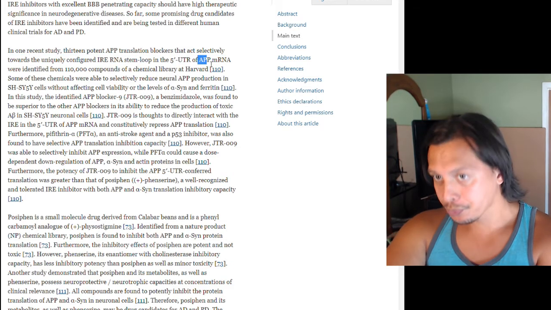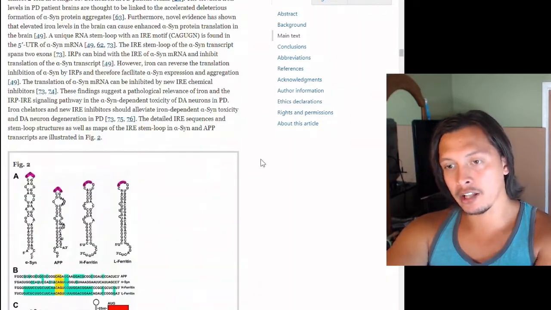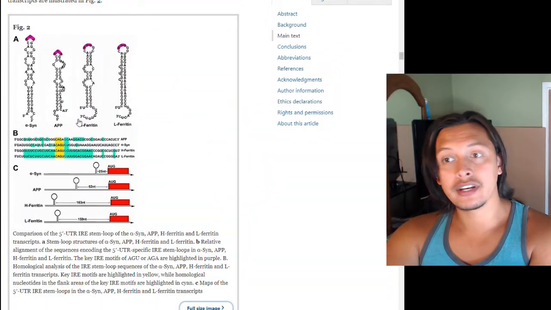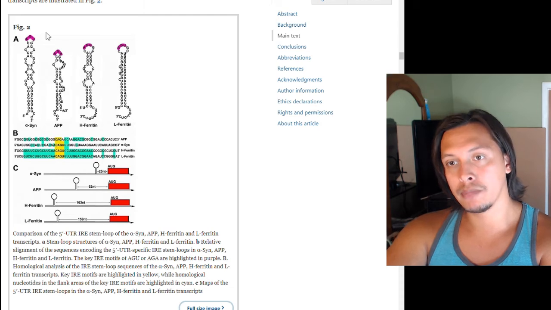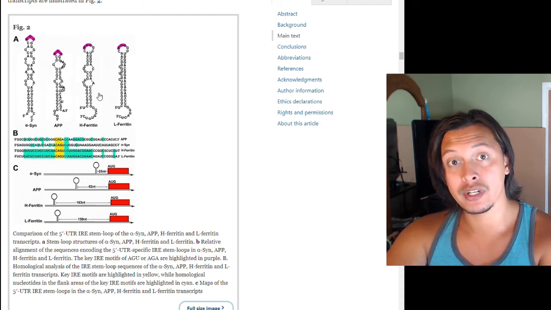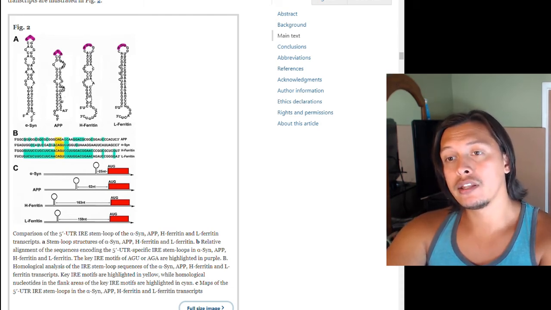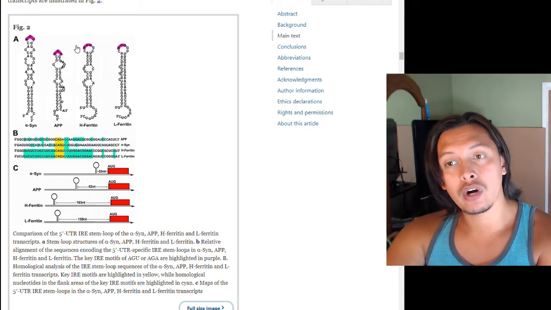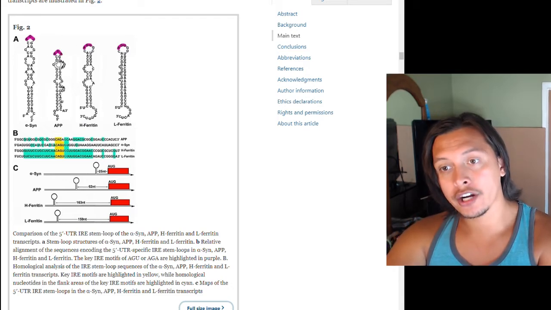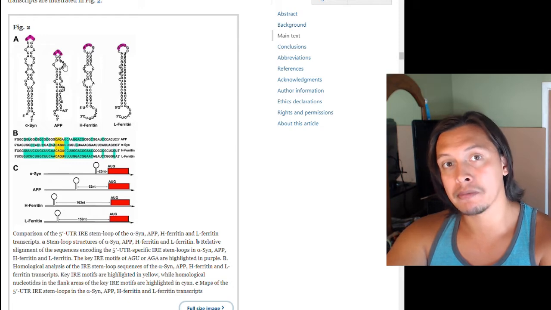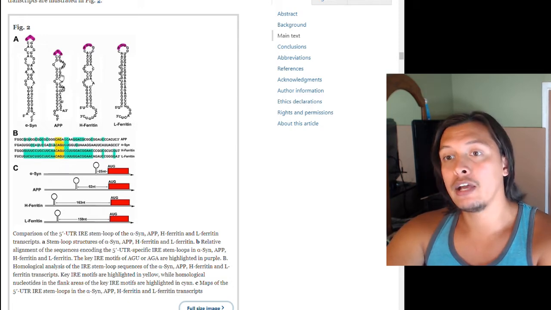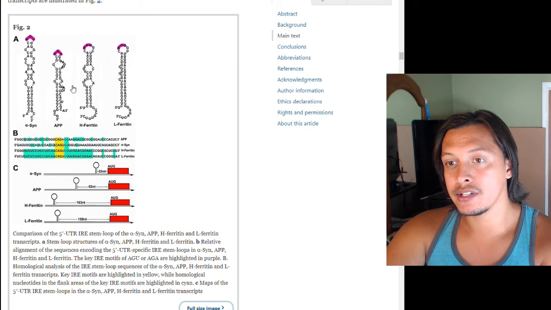So remember, these iron response elements can be significantly different between different mRNAs or between different genes, right? So this APP, if you have a drug that can target this APP's iron response element, hopefully it will not bleed too much into these others.